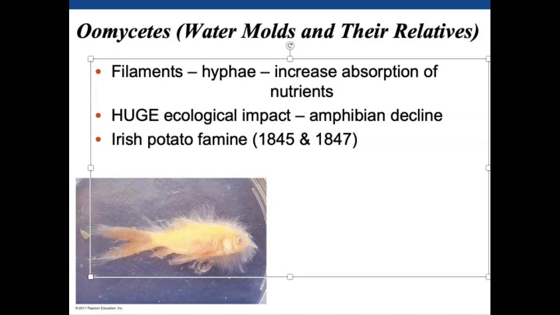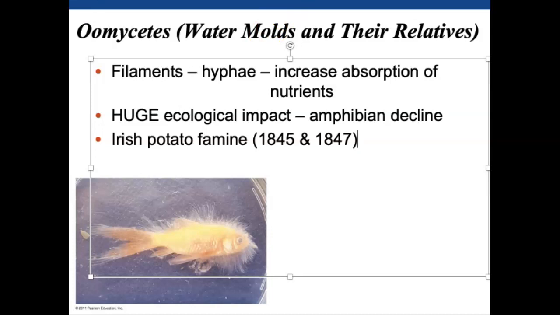If you have Irish heritage who came to the United States in the 1840s, it was most likely because of these things. People were starving to death in Ireland. They came here looking for a better life and came to the United States to start a new life. So lots of connections within history, ecology, etc.